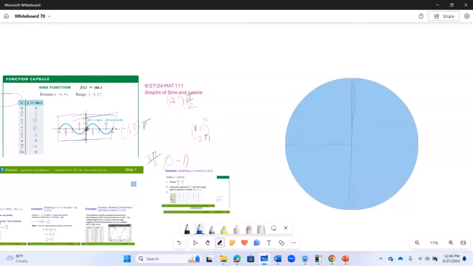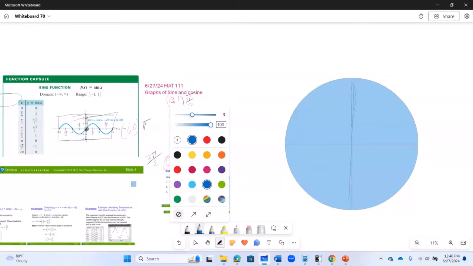So this again, the point here is 1, 0. Not big enough, make it big enough. 1, 0. And this point is 0, 1. And this point is negative 1, 0.